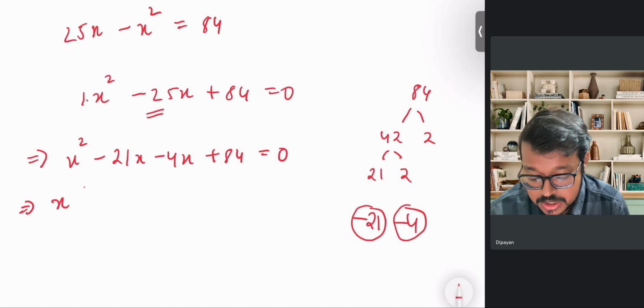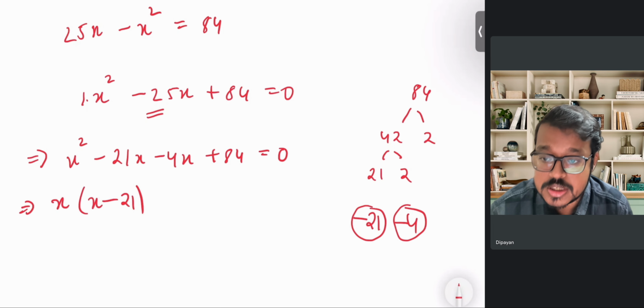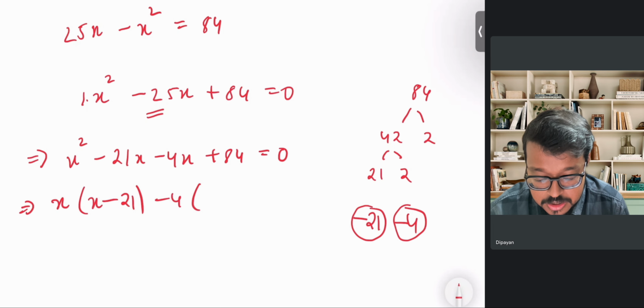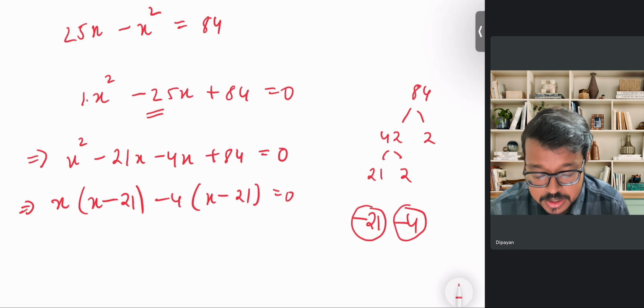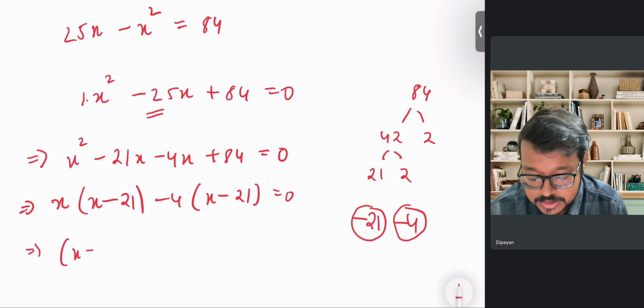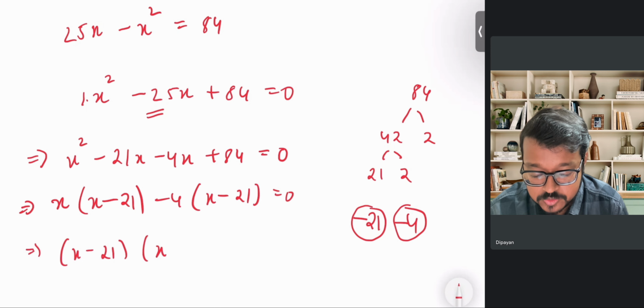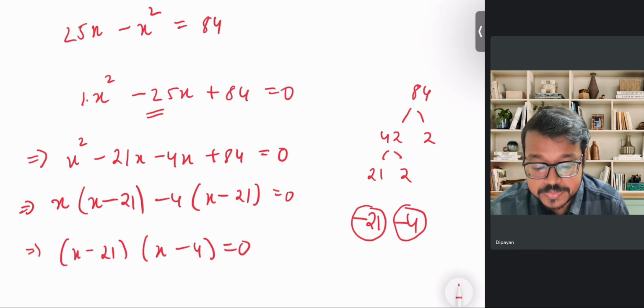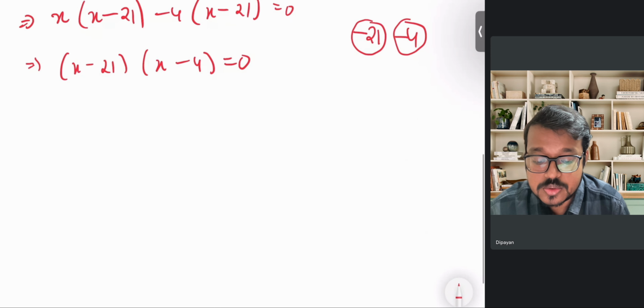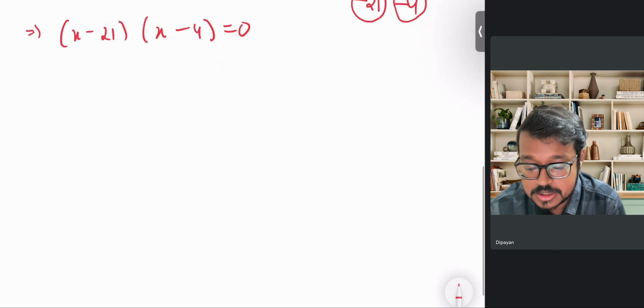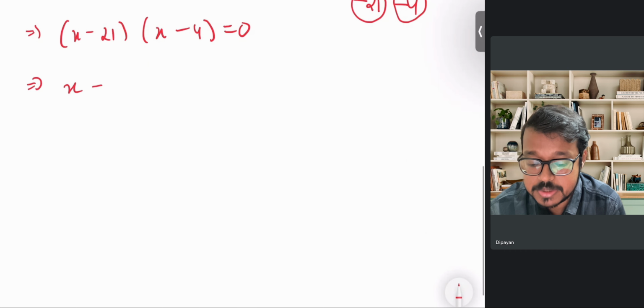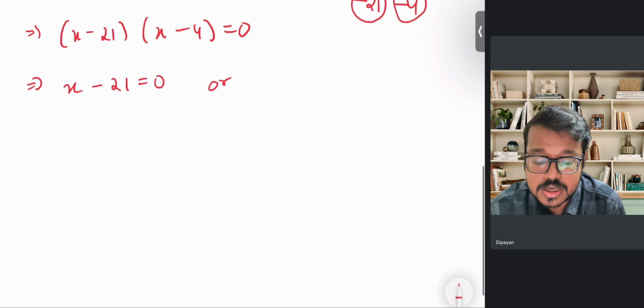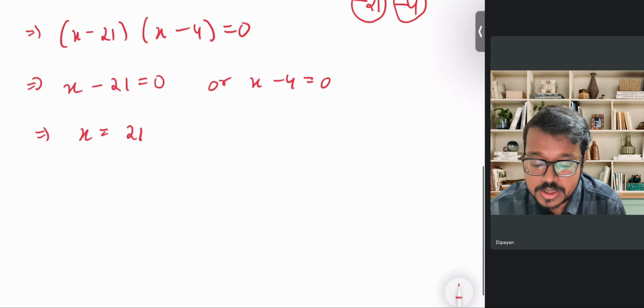We have x and we get x minus 21, and from the last two terms we can take minus 4, again x minus 21. So x minus 21 is common, and we are left with x minus 4 equal to 0. So product of these two things is 0. That means either one of them can be 0. Either x minus 21 equals to 0 or x minus 4 equals to 0, x equal to 21 or x equal to 4.